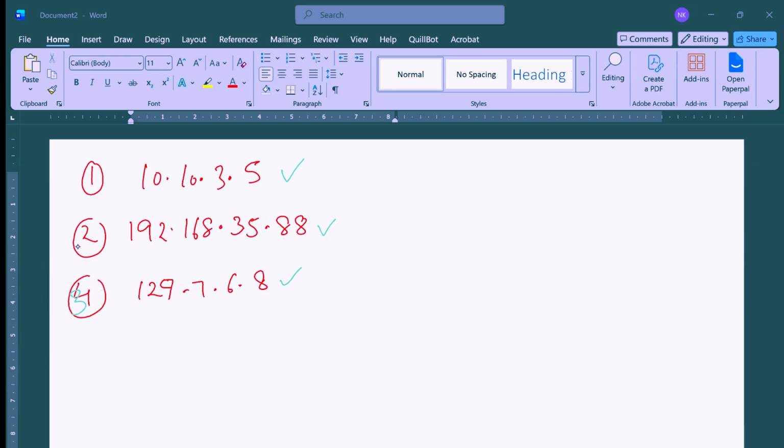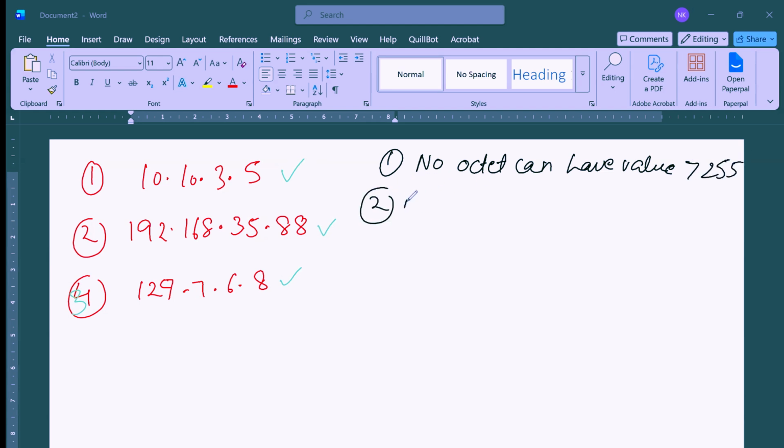So what are the necessary conditions that you need to check before you declare whether any IP address is valid or not? First condition is that no octet can have a value more than 255. Second, you will say only 4 octets are allowed in IPv4.